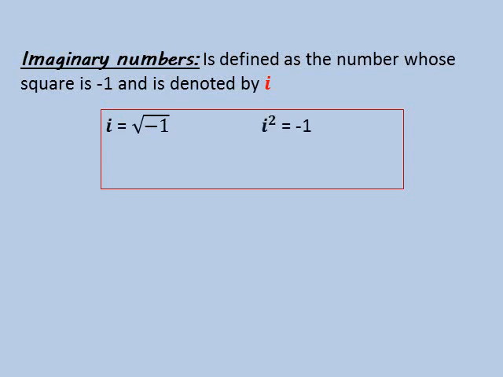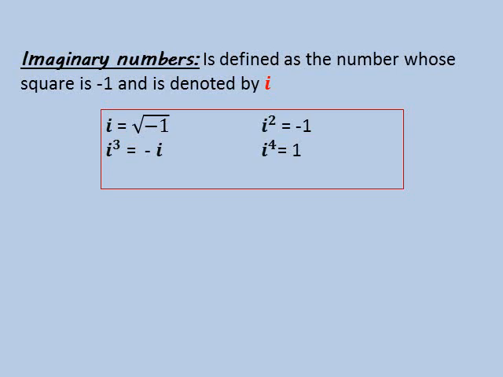i² = (√(-1))², which is -1. i³ = i · i², so i² is -1 times i, so i³ will equal -i.